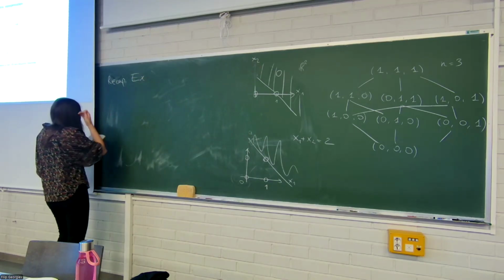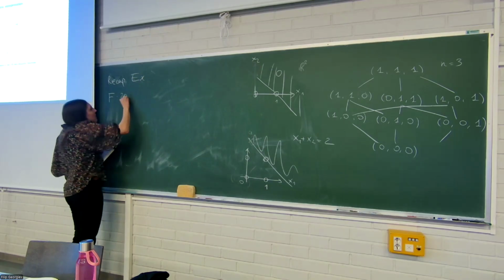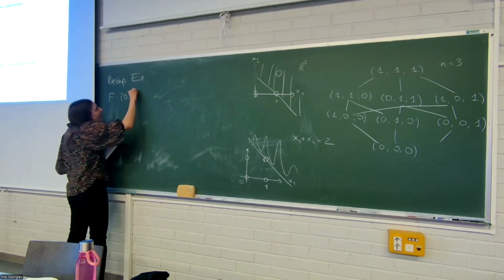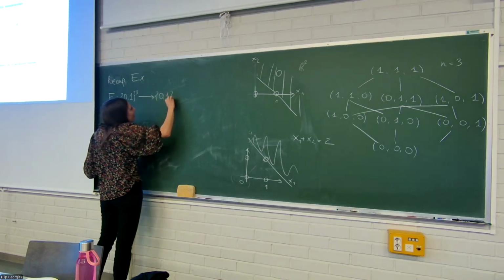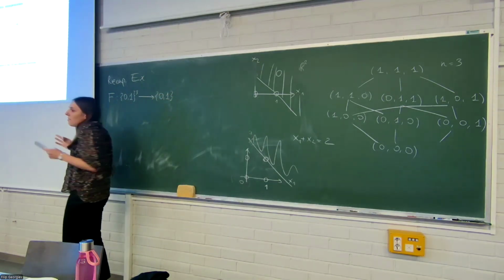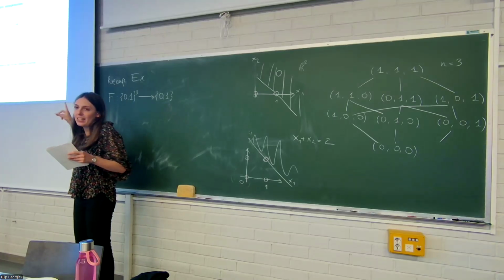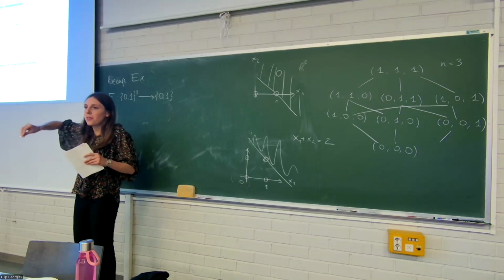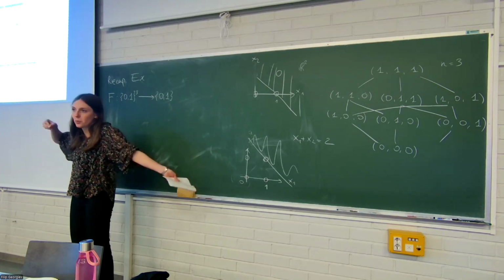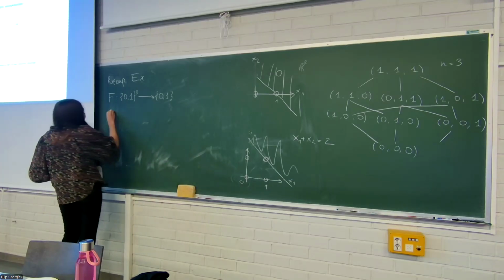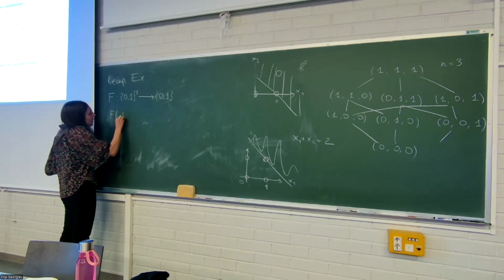Consider the function f that goes from {0,1}^3 to {0,1}. This is a Boolean logical function, and I can define it by telling its truth table, where the elements are sent to true and the others will be sent to false.